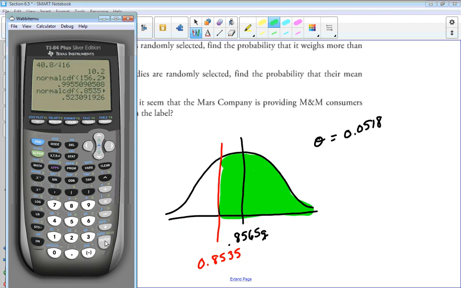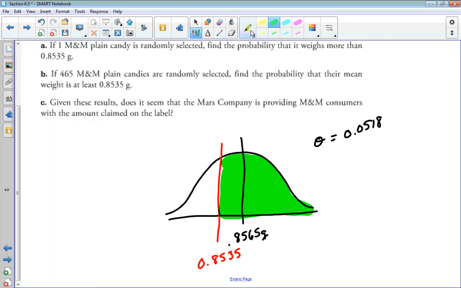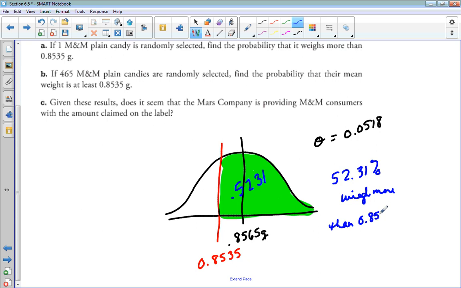And enter, and we find that this is going to be 0.5231. So that means there is a 52.31% probability that it weighs more than 0.8535 grams.